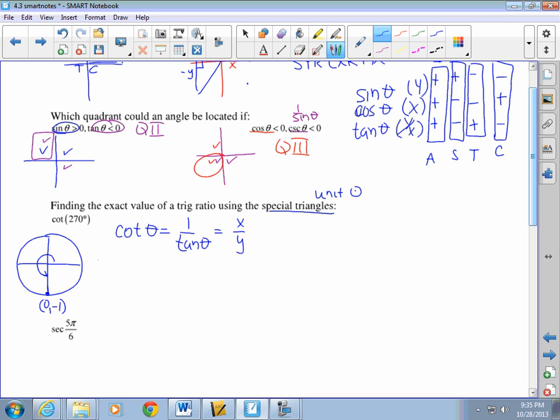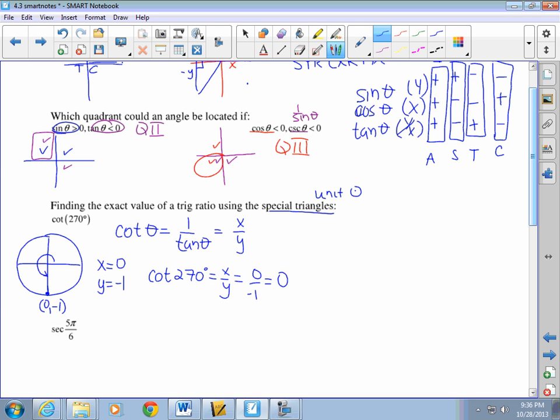So I know from here my x is equal to 0 and my y is equal to negative 1, so tangent of theta would be negative 1 over 0, which is undefined, but cotangent of theta at 270 degrees is x over y, which is going to be 0 over negative 1, so it's just a value of 0.